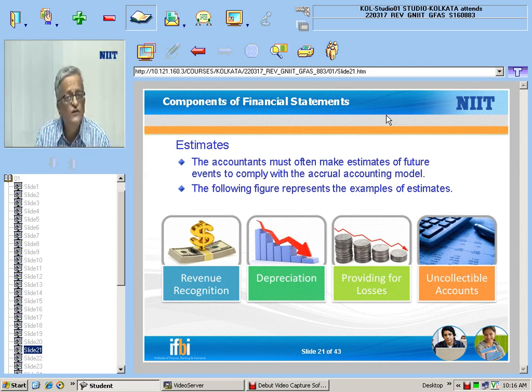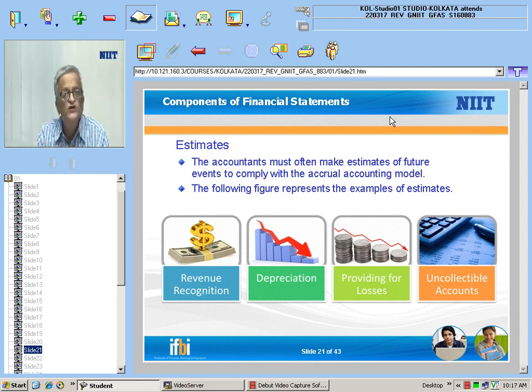One important thing you must understand: an estimate is made as on today's date. Based on the situation existing as on today's date, the estimate is made. Tomorrow's situation may change, so the estimate made may not be required, or the estimate made may have to be more. Estimates are always made as on the situation arising on a particular date.